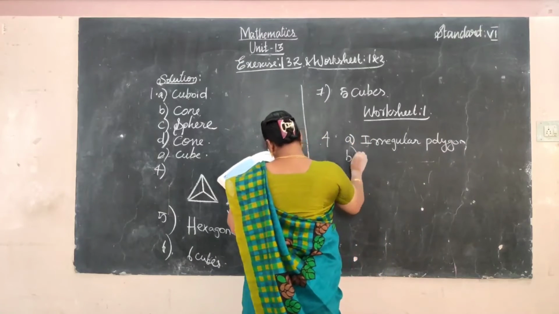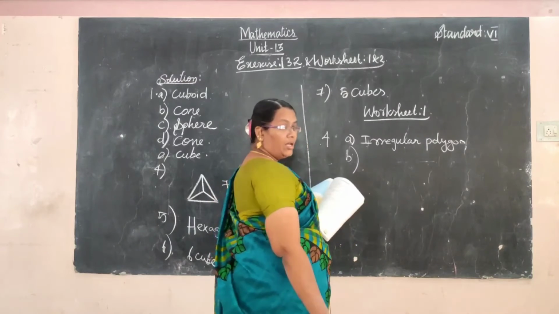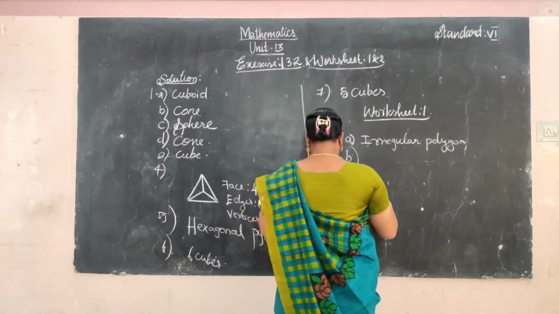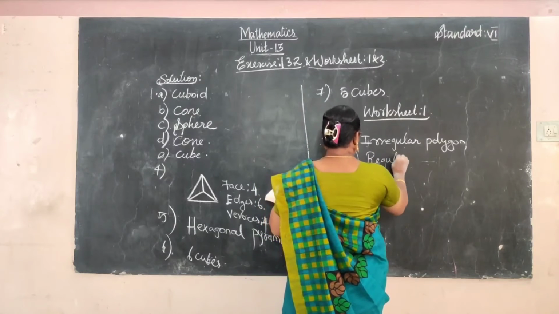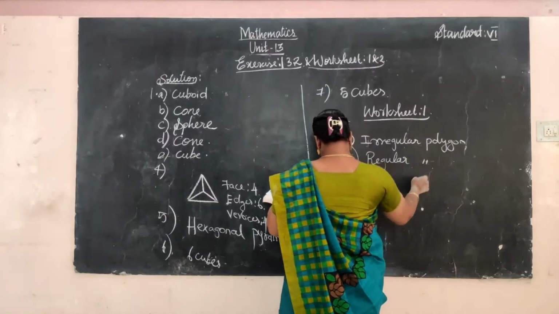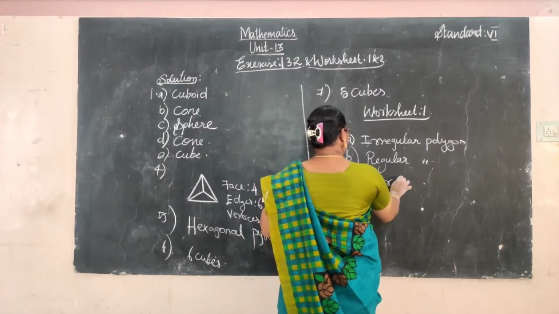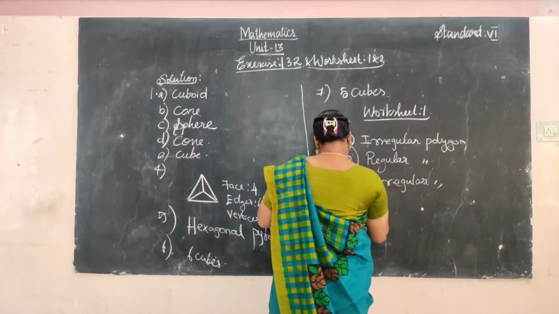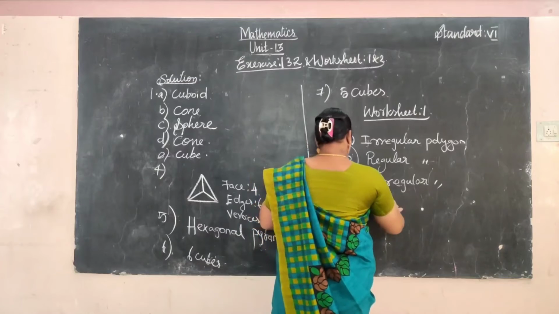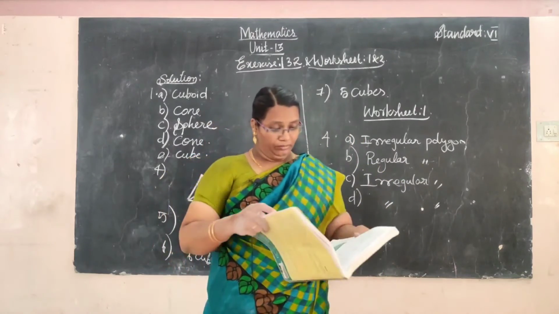And B, regular polygon, a pentagon is given. So regular polygon. C is irregular polygon, and D is also irregular polygon.